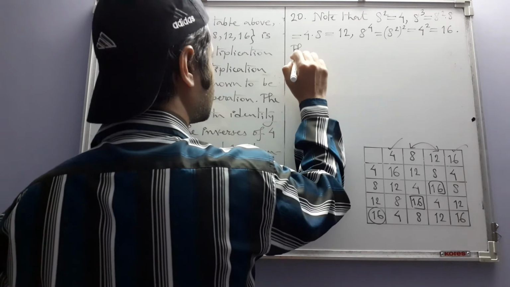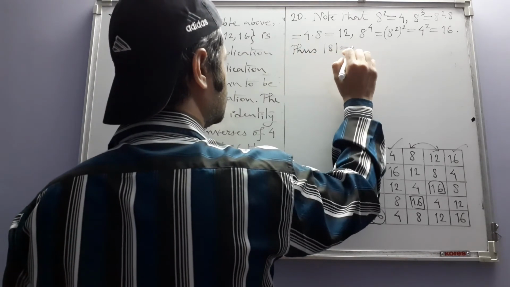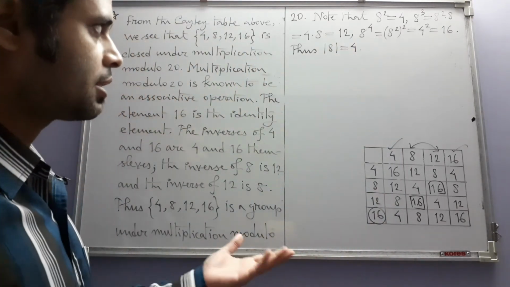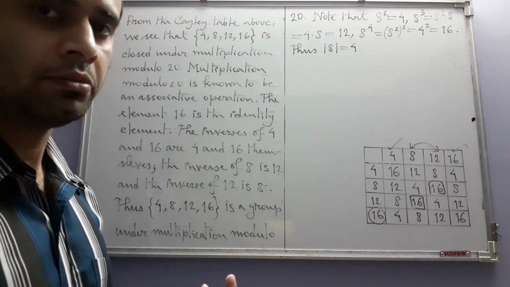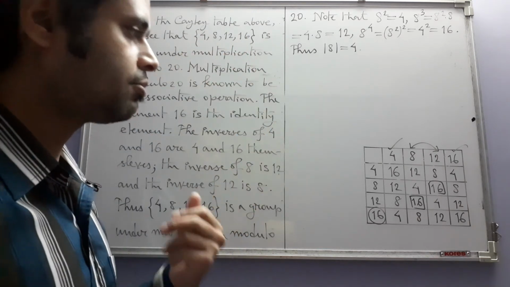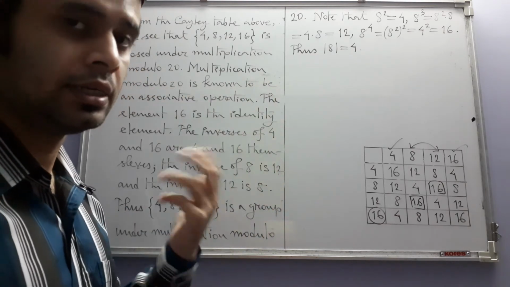Thus, the order of 8 is 4. So that means the cyclic subgroup generated by 8 will have 4 elements, and since the original set itself has 4 elements, the group is generated by 8. It is a cyclic group.